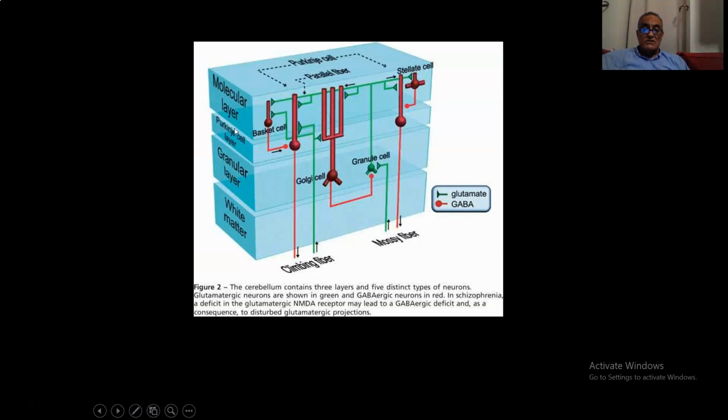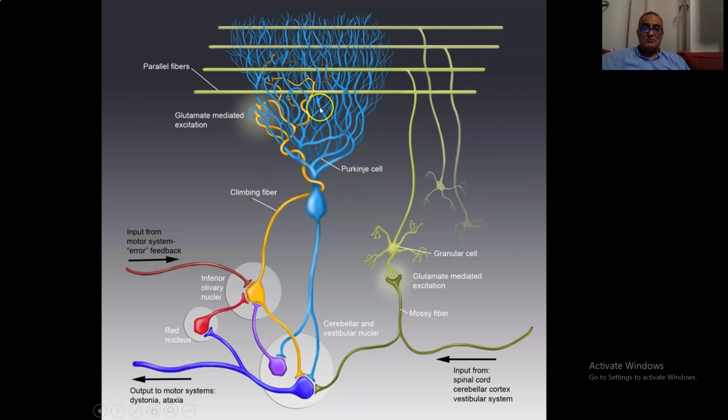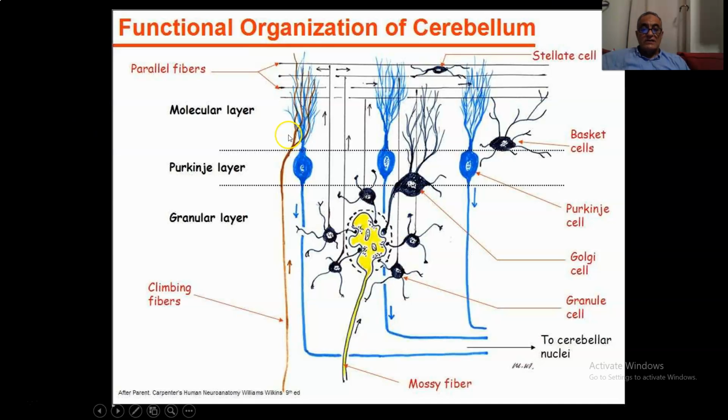The cerebellar cortex, as we said, by the rule of three, is formed by three layers: the molecular layer, the Purkinje layer, and the granular layer. Not to forget, this is the Purkinje cell, and you will see a very nice view.